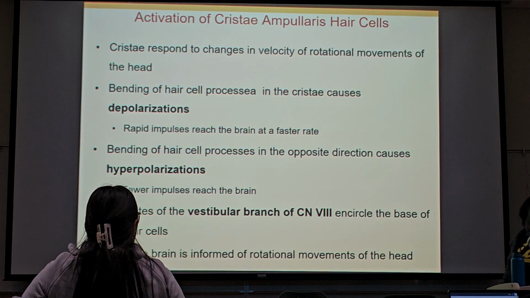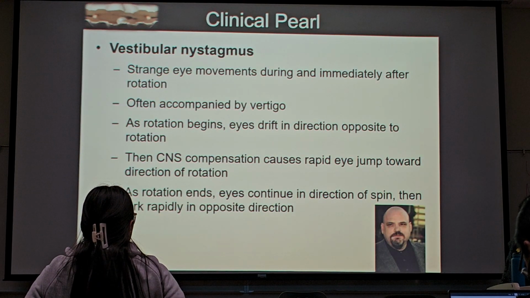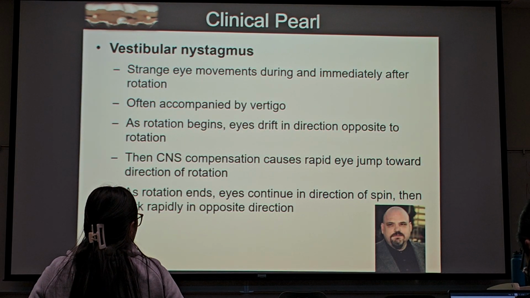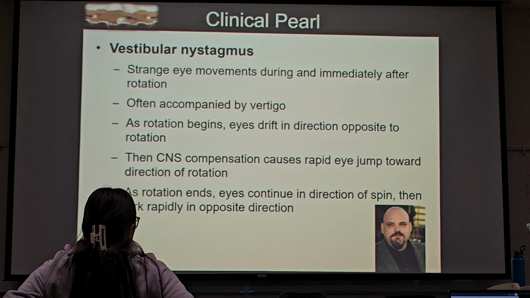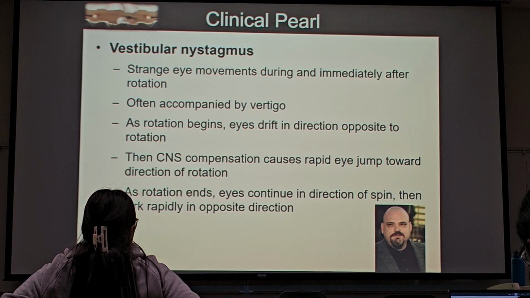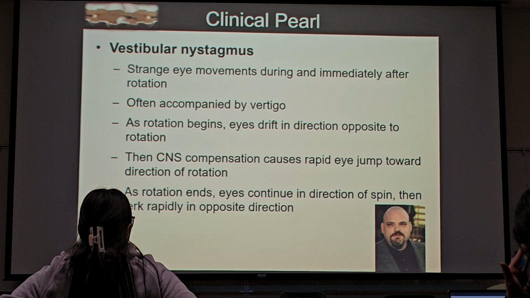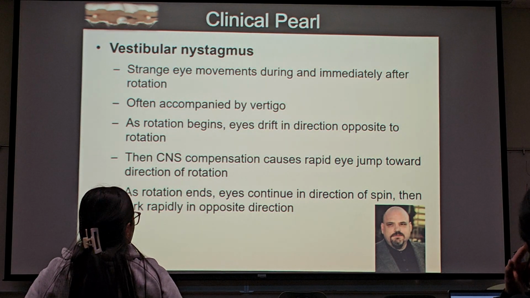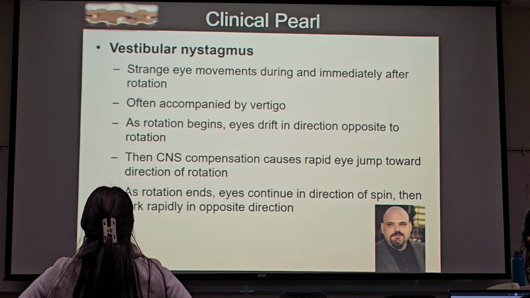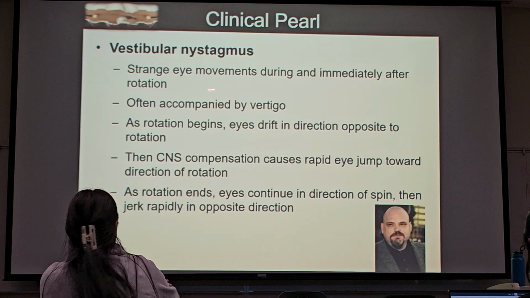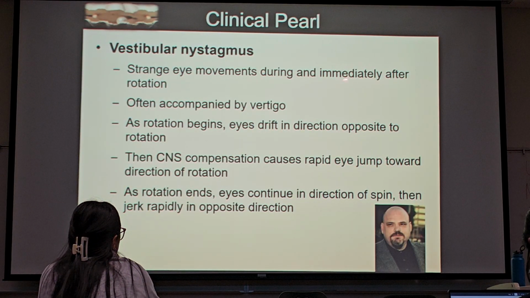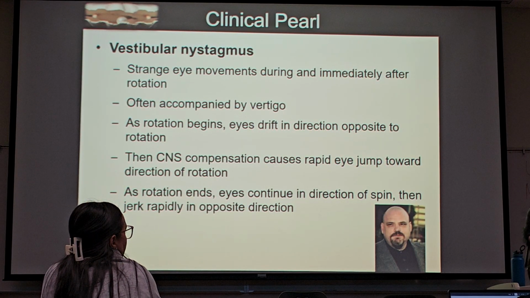Everybody okay? Some folks suffer from vestibular nystagmus. And we all can actually suffer from this. So vestibular nystagmus is when we are spinning. You can actually see this in people. When you spin and then you stop, our eyes actually are moving side to side.